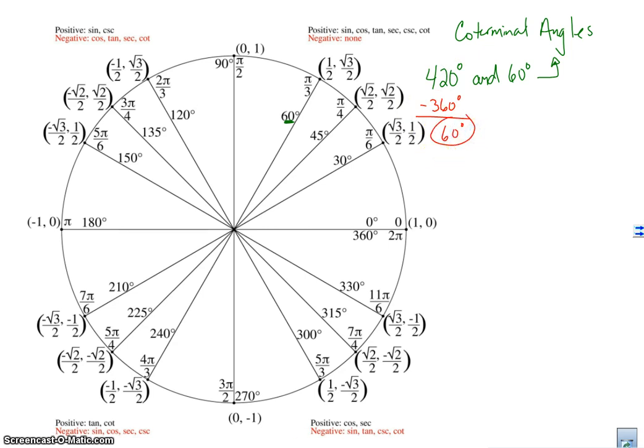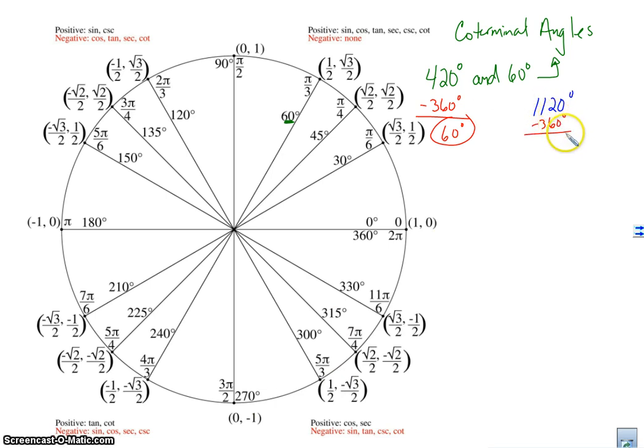Now you're probably saying, what if it's much bigger? What if I go around the circle a lot of times? Let's say I want to know 1120. What do I do then? Well, the easy, brute force way is to just keep subtracting 360 until you get into the unit circle.